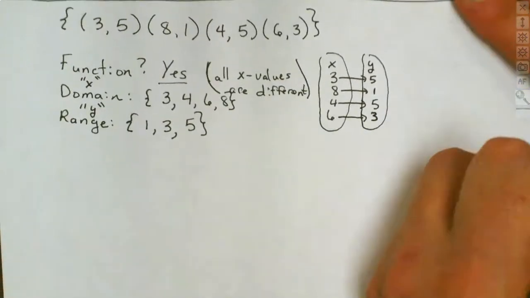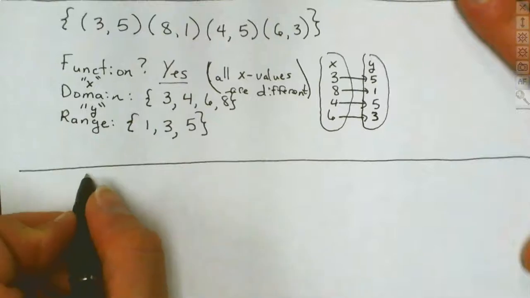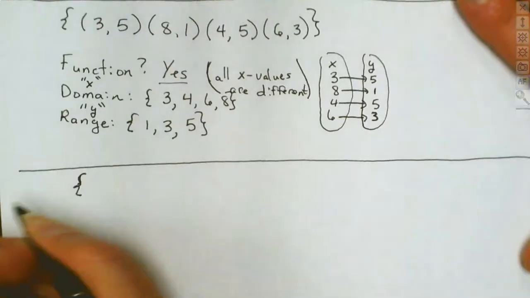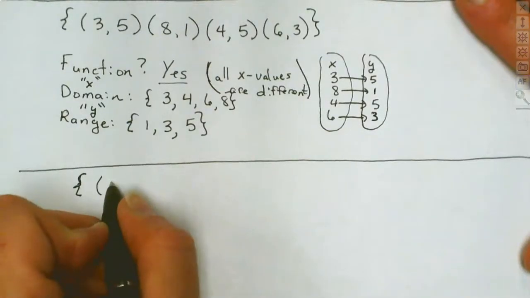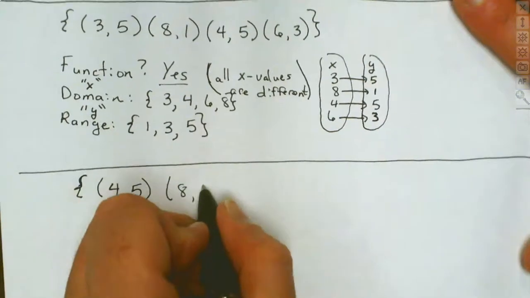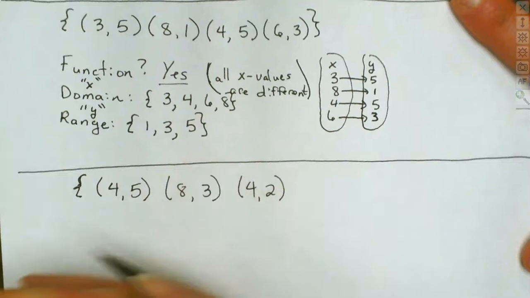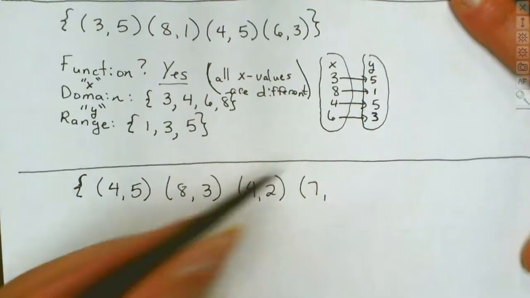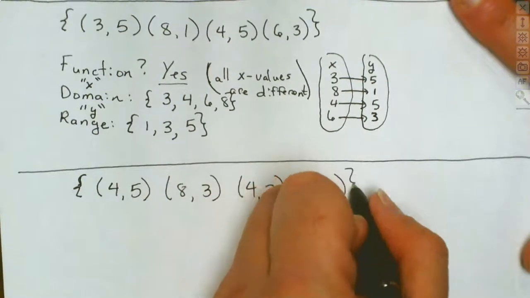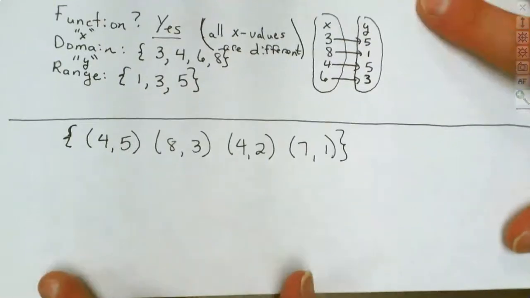Now let's look at one that is not a function. So that one was. This one is not going to be. 5, 8, 3, 4, 2, and 7, 1. Okay, now this one is not going to be a function.